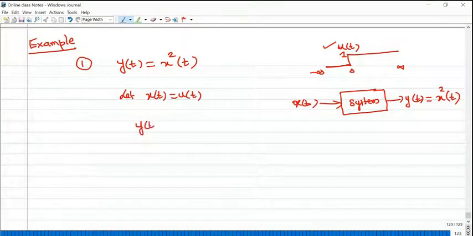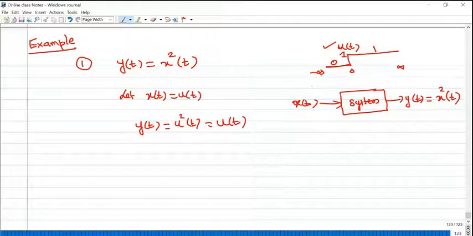So obviously your y of t equal to u square of t. So u of t, the magnitude is 1 only. So even though if you substitute u square of t, the magnitude of the signal is 1. So that will be u of t. Okay, u of t signal 0 to infinite, a constant magnitude of 1, minus infinite to 0, a constant magnitude of 0.